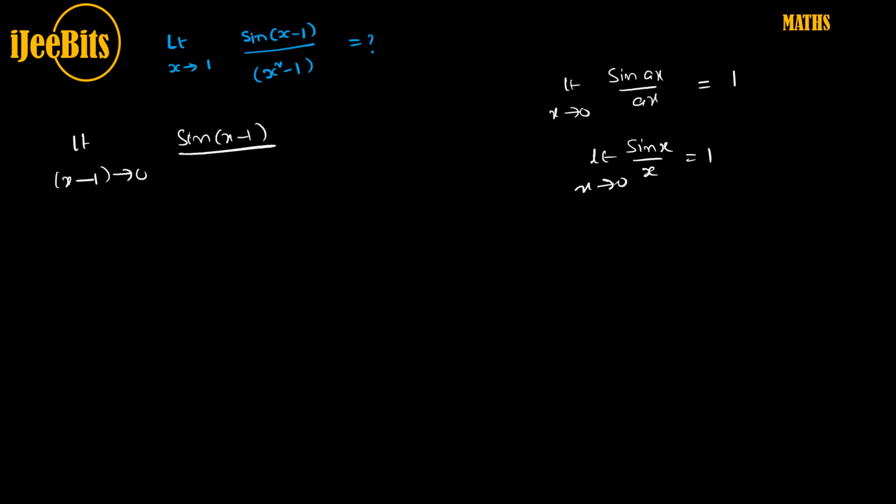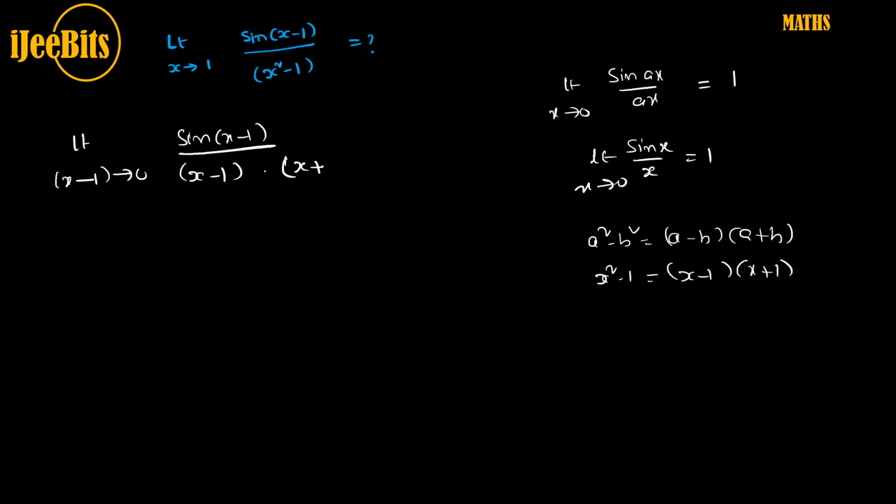How do you write it? A square minus b square equal to a minus b times a plus b. Correct? So in a way, x square minus 1 equal to x minus 1 and x plus 1. So how do you rewrite this one? X minus 1 into x plus 1.